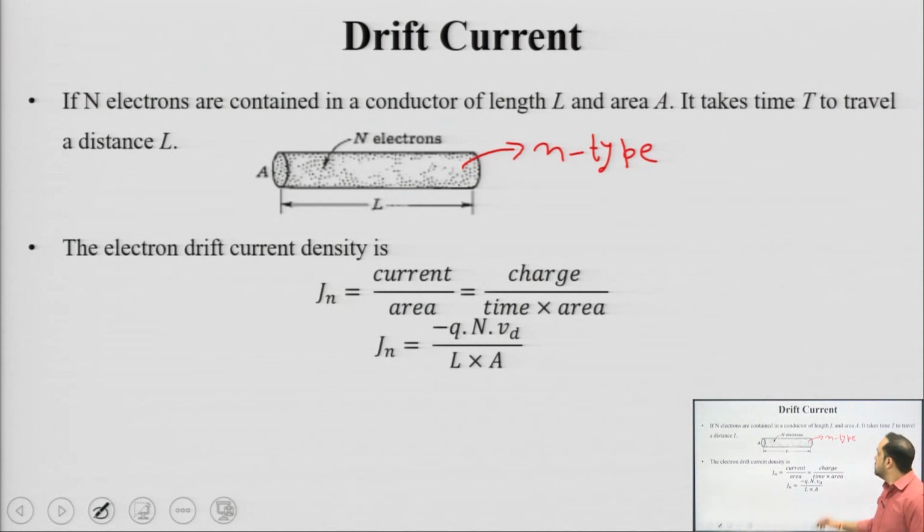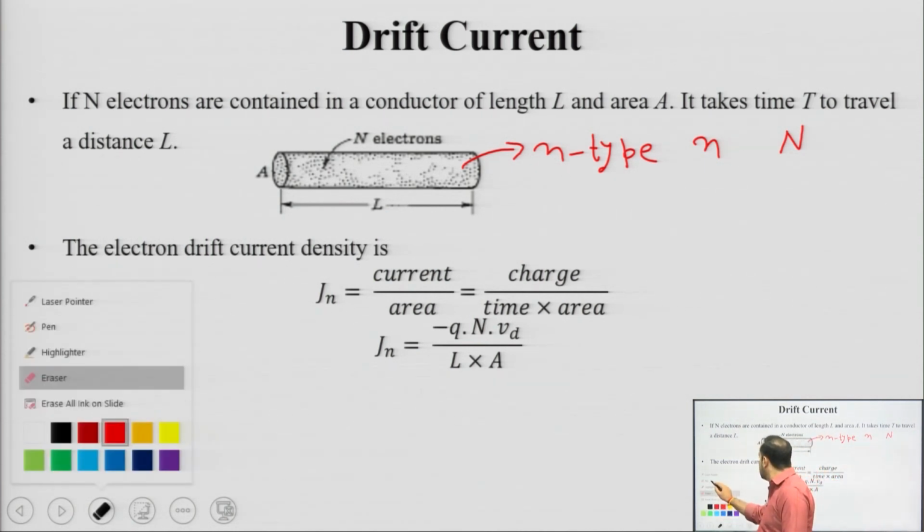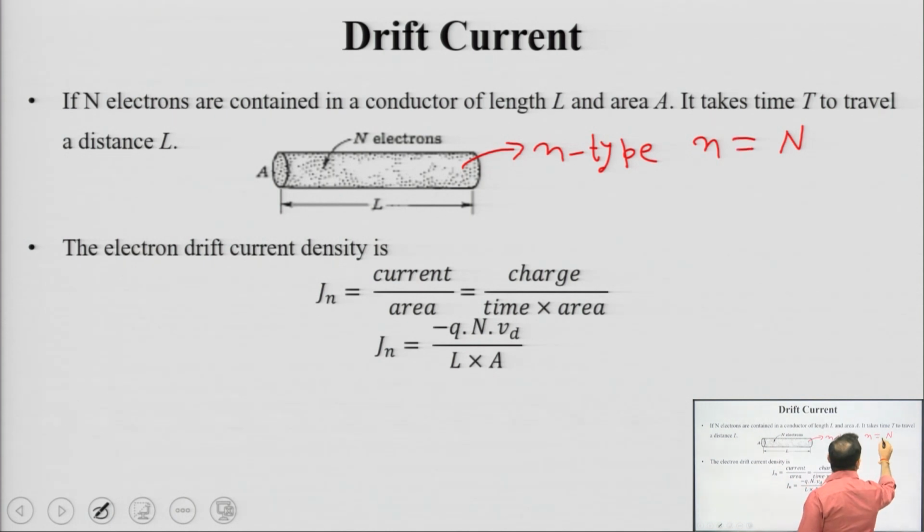Okay. So, if I want to get the electron concentration, I will use number of electrons divided by the area times length, number of electrons per unit volume, this will be my concentration. Okay. So, a piece of semiconductor n type, length L, area A, total number of electrons is n.